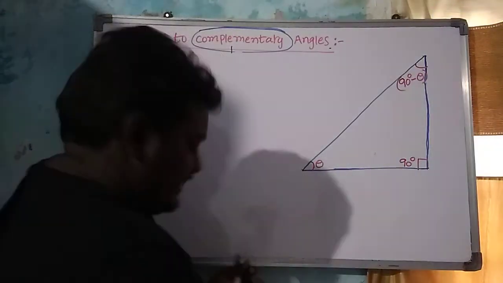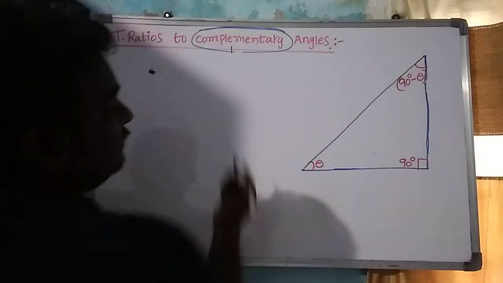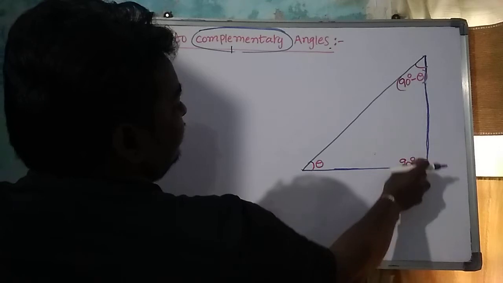If you don't understand, I will give one form. 180 is there, 90 gone.